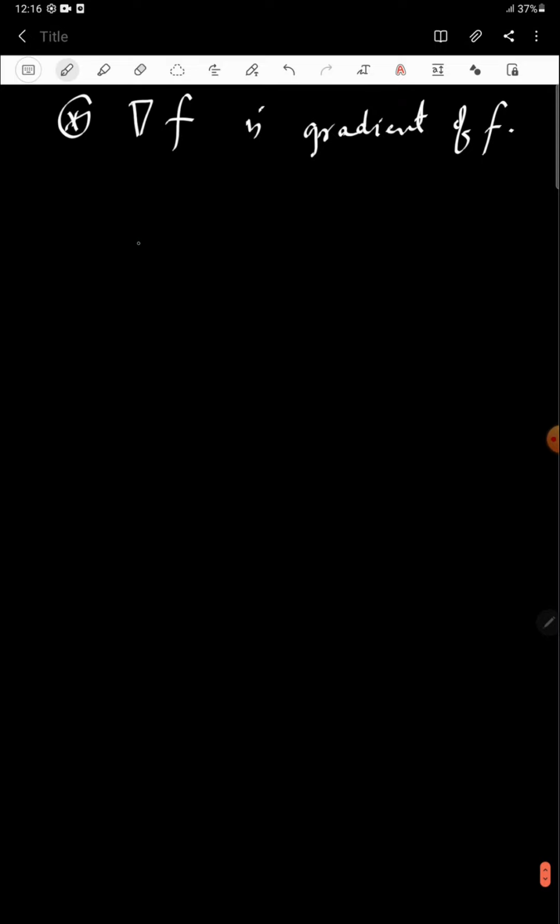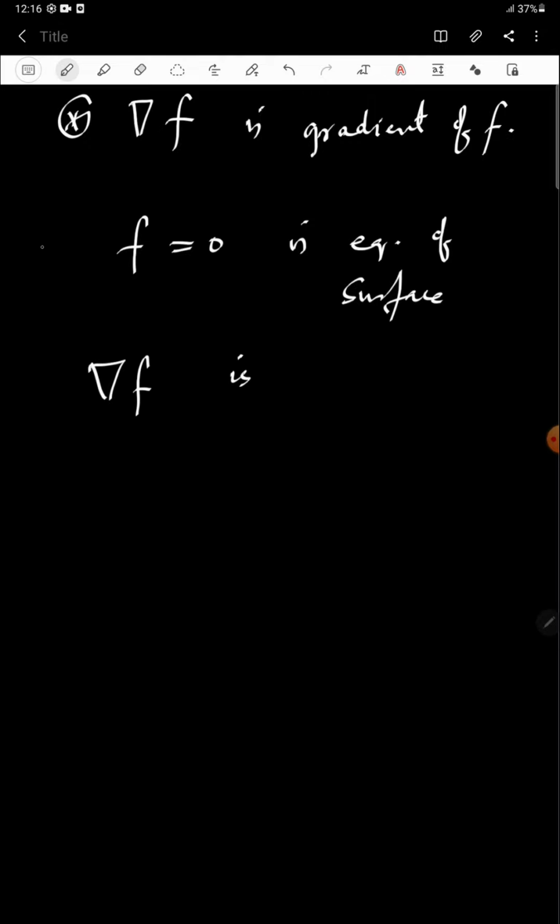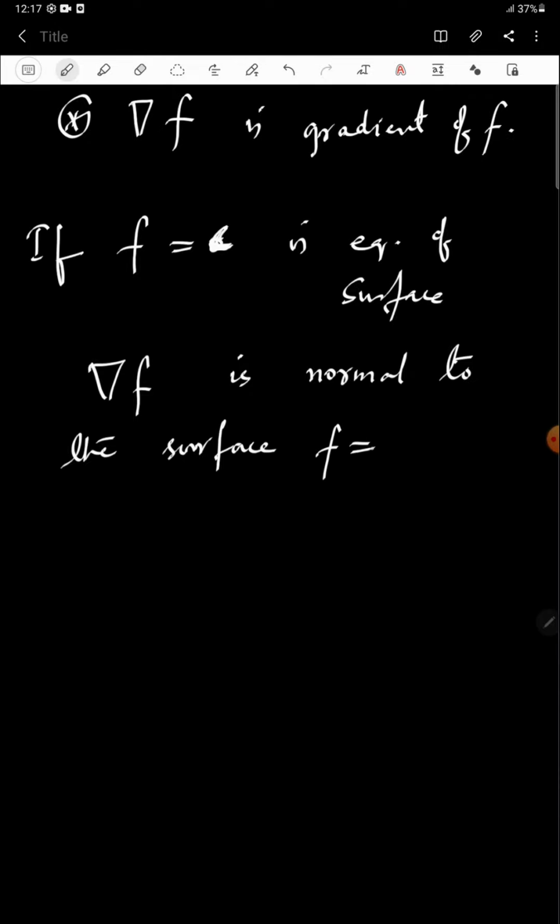Practically it is very useful, because if f equal to 0 is the equation of a surface, then del f, whatever vector comes, is normal to the surface. Not only 0, if f equal to some constant c is the equation of a surface, then del f is normal to the surface f equal to c.